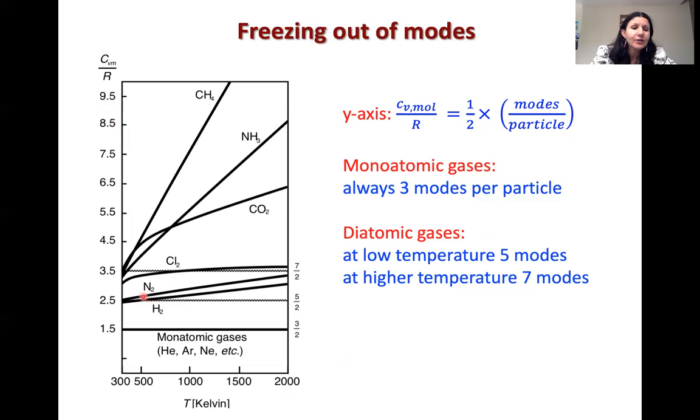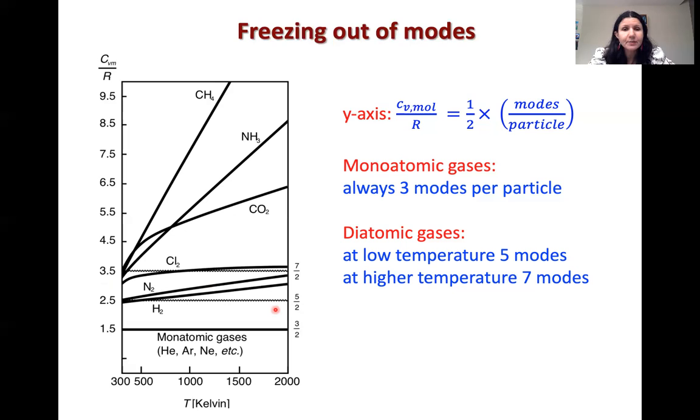Maybe when we're over here, on average the majority of them still only have 5 modes active, but some of them have already activated the vibrational modes, while the majority still have them frozen. Somewhere in between here, it's about half and half: half of the particles on average have the vibrational modes activated and half don't. Because it's an average, you get these non-integer values.